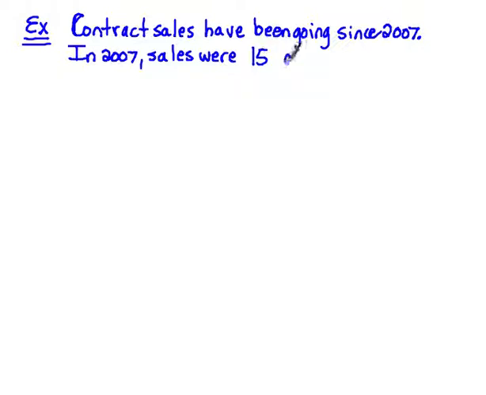And in 2013, sales were 33. Okay? It says predict or find the equation of the line and predict the sales in 2022.